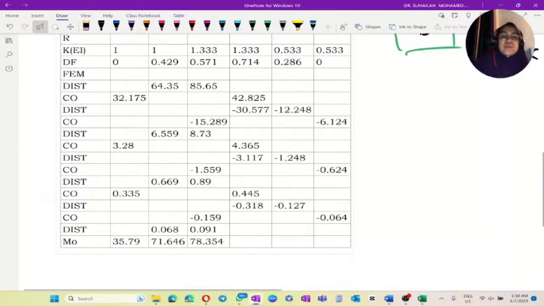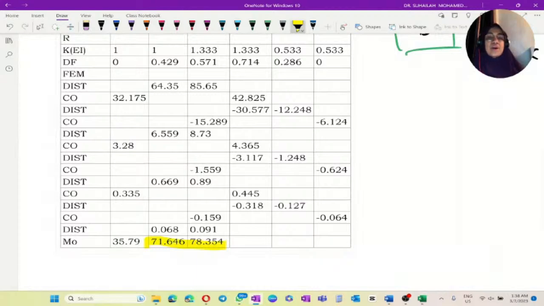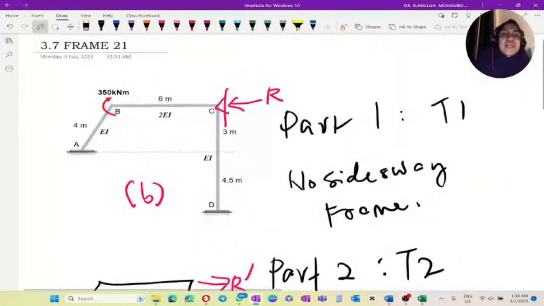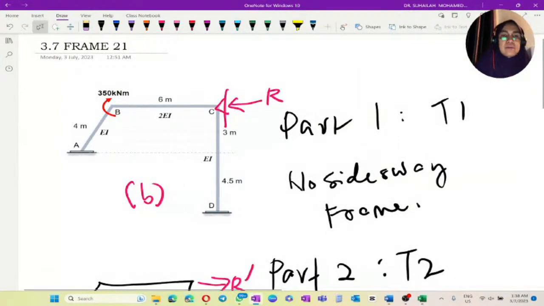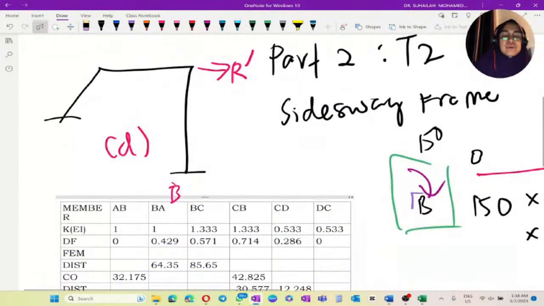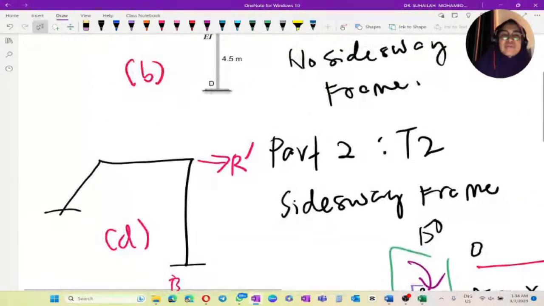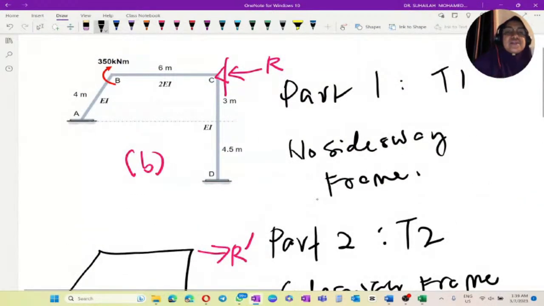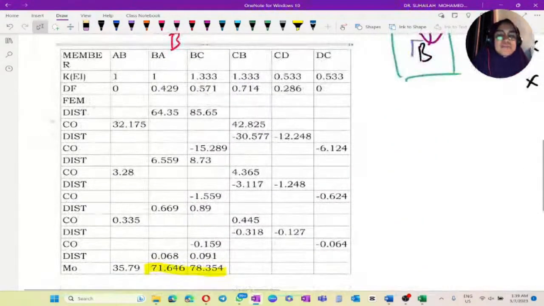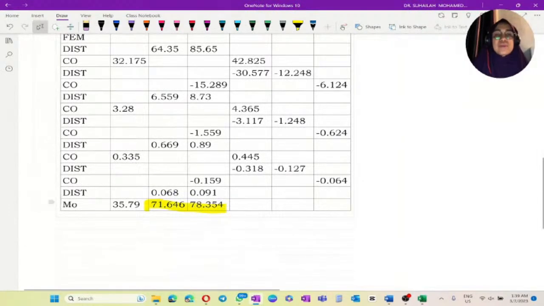Please take note that the total of these two, 71.646 plus 78.354, we get 150, representing this one. Okay, I use the 150, not 350. Okay, change this. So this is 150.